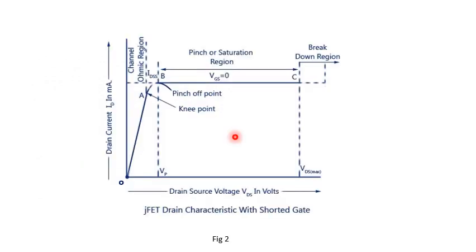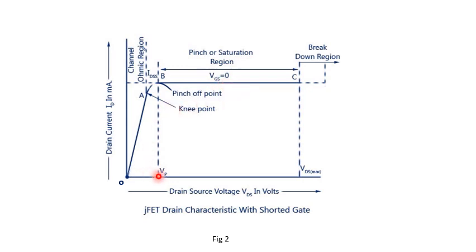In order to understand the drain characteristics in detail, we are considering a single curve which is for VGS equal to 0. We have maintained the gate and source junction at 0 volt, or we can say that the gate and source junction is shorted.